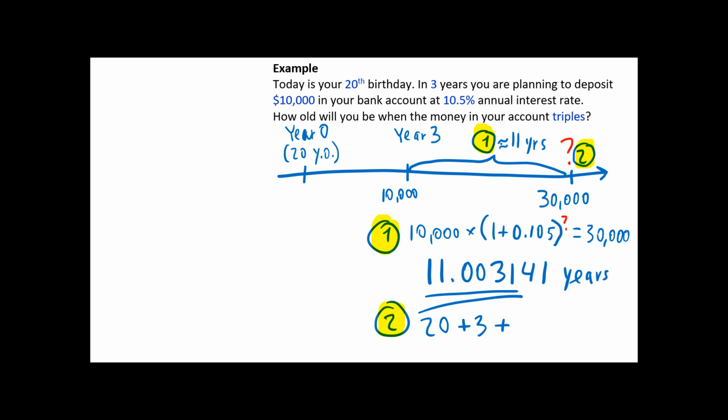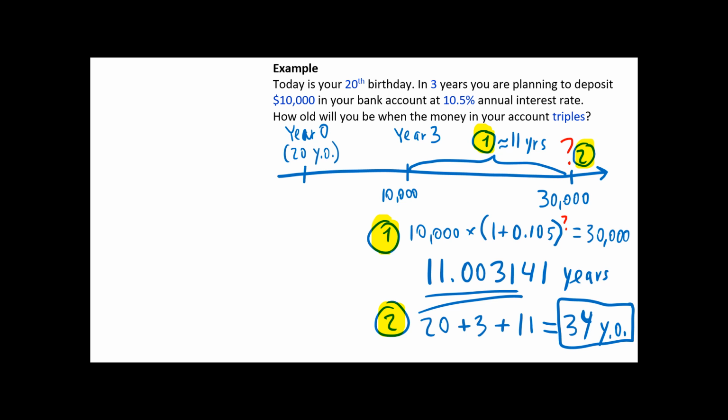And then you add 11 years that will take for your money to triple. So plus another 11, which equals 34. So you are 34. You will be 34 years old when you will have $30,000 in your bank account.